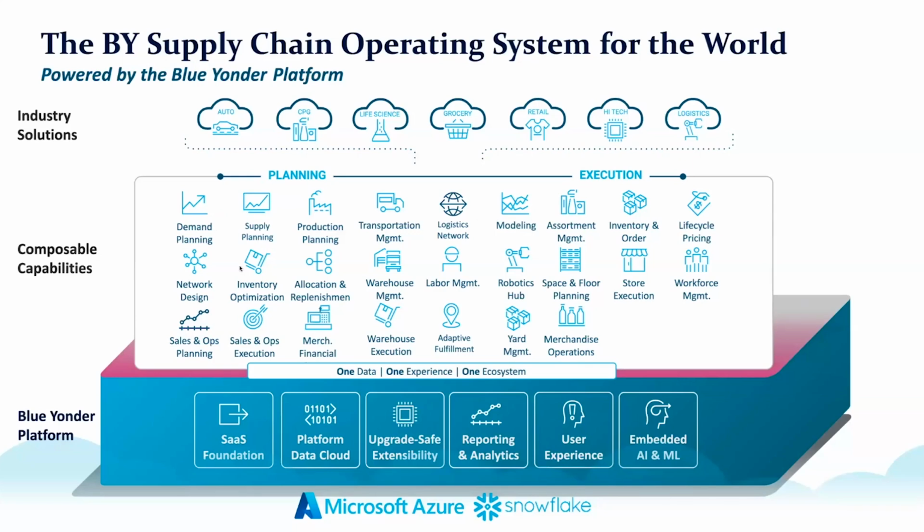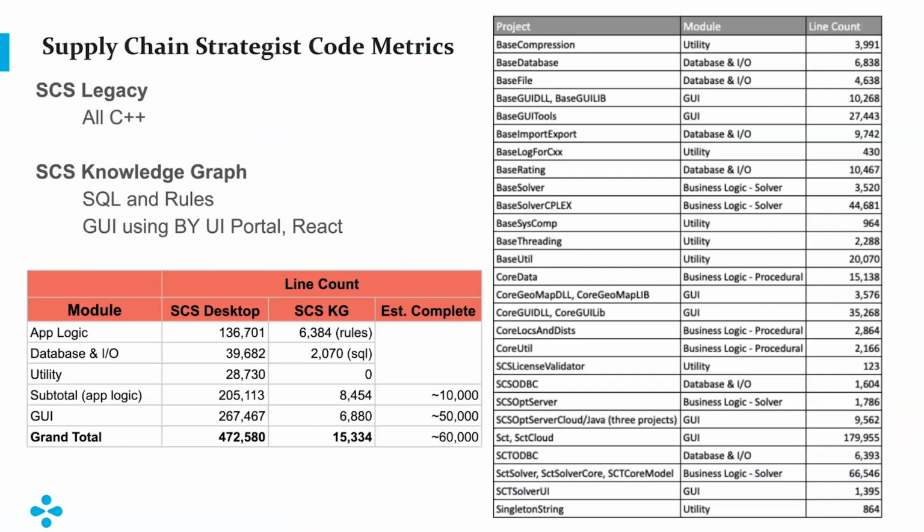Some of these modules were written a long, long time ago and need to be modernized. And so they gave us one such module that was written in the 90s in C++. And this module is called Supply Chain Strategist. And in about 4 to 4.5 months, we were able to, in effect, throw away a lot of the C++ code, because it doesn't do anything. A lot of it isn't about expressing the business logic.